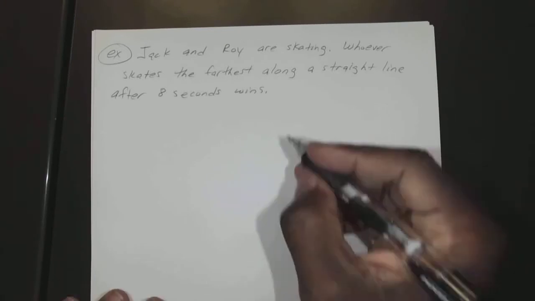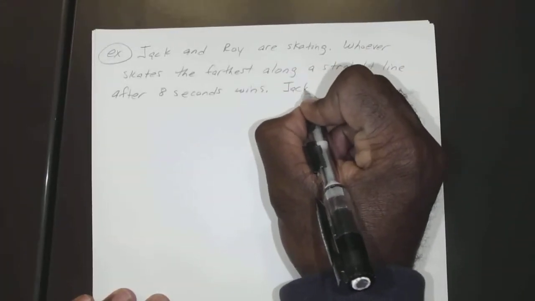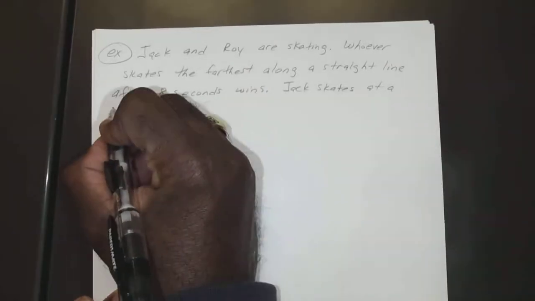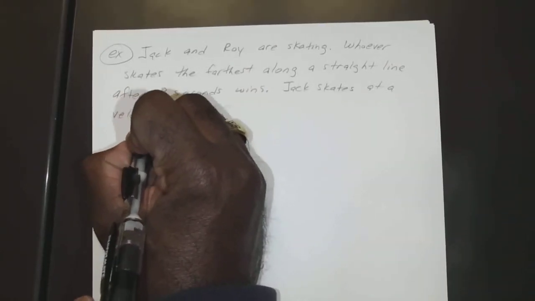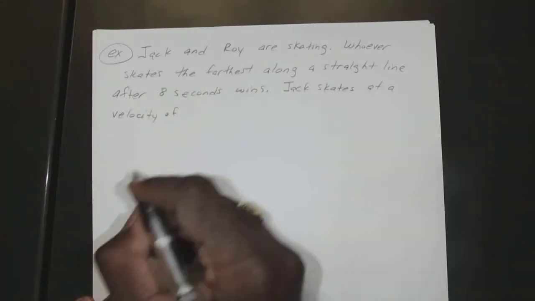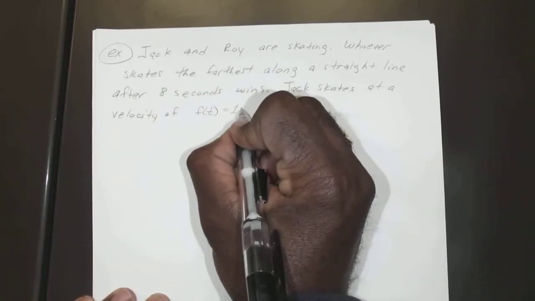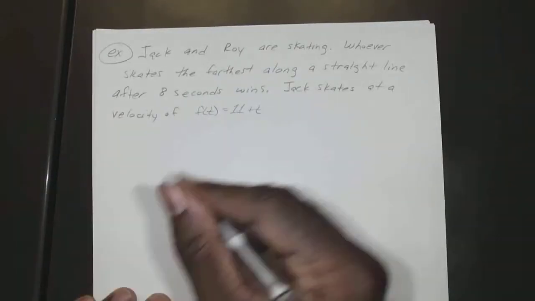Okay, so Jack skates at a velocity of f of t equals 11 plus t feet per second.